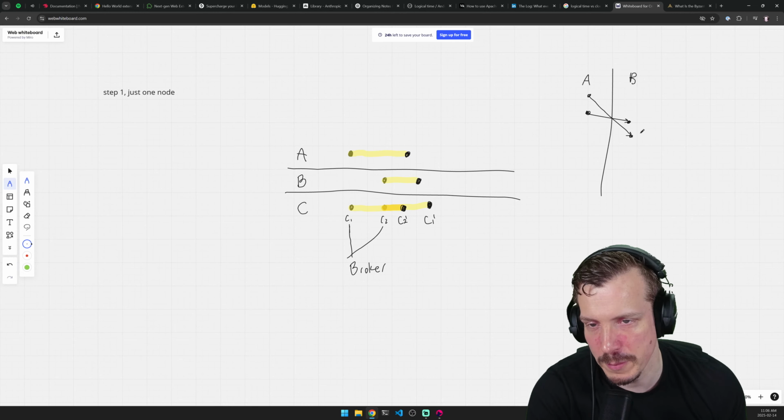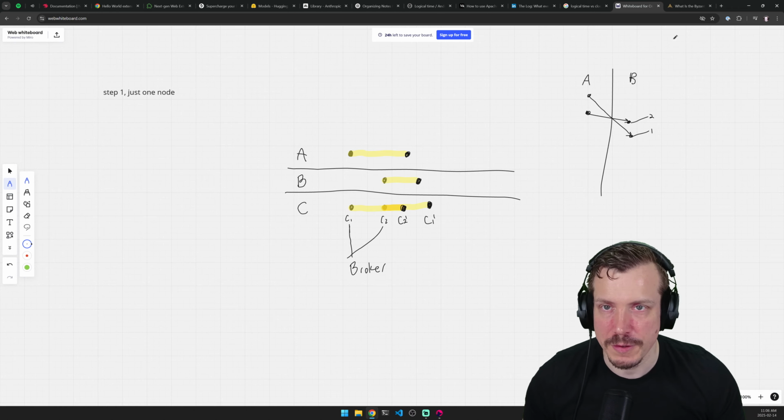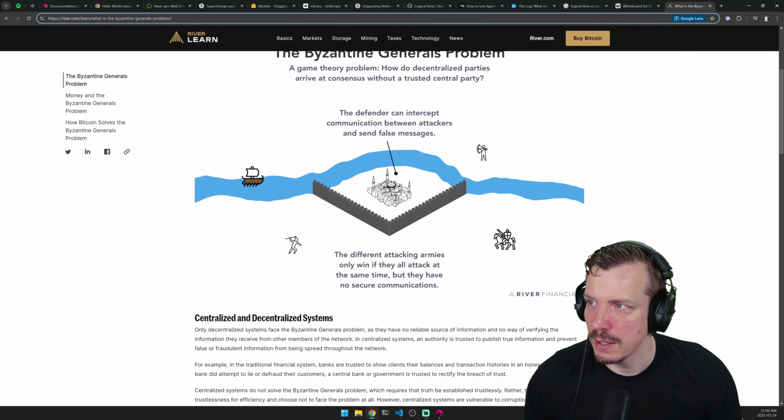Then these would arrive at B out of order. And the only way B would know that this is out of order is if it has a 2 and it has a 1. So the TCP sequence number. So there's like a visualization of this.